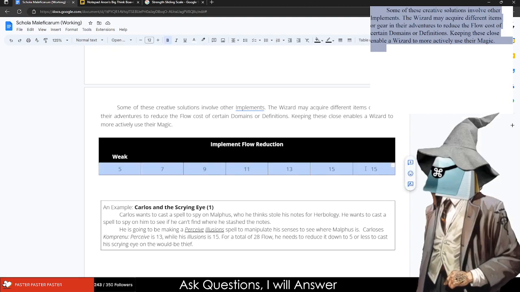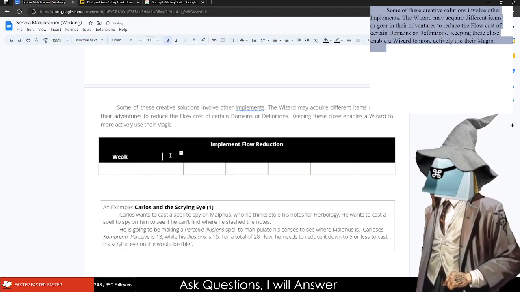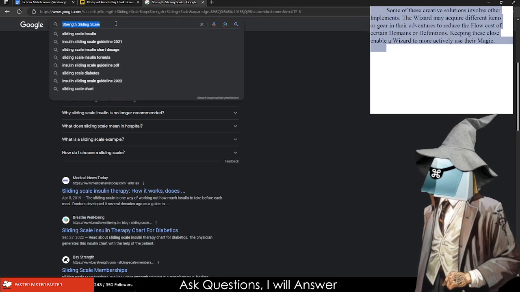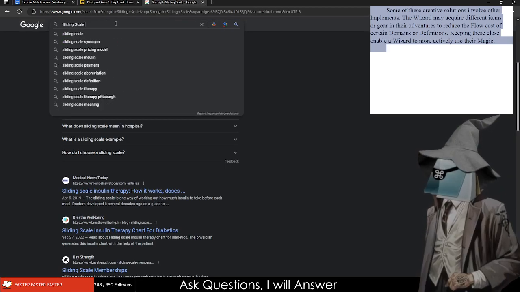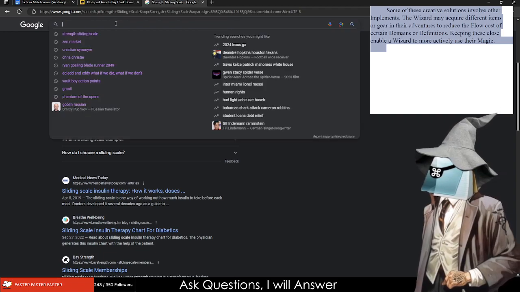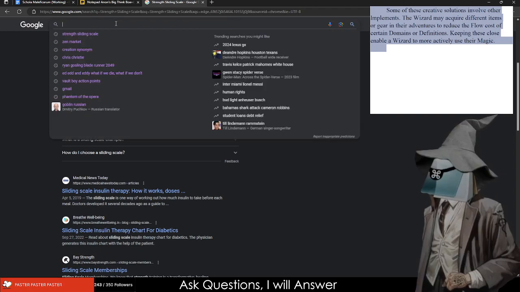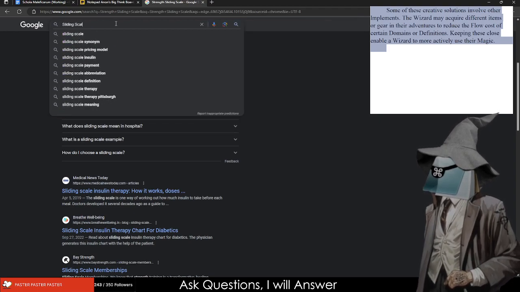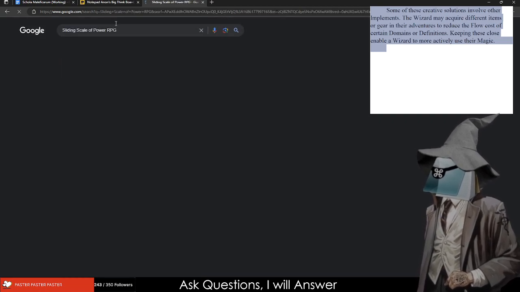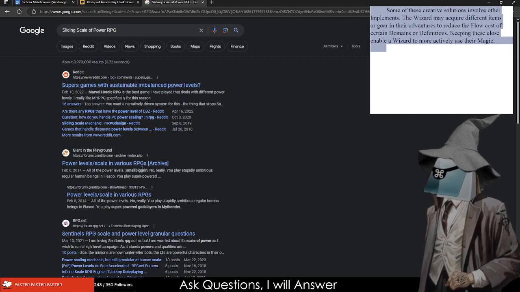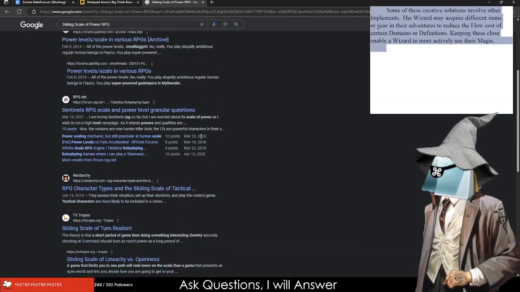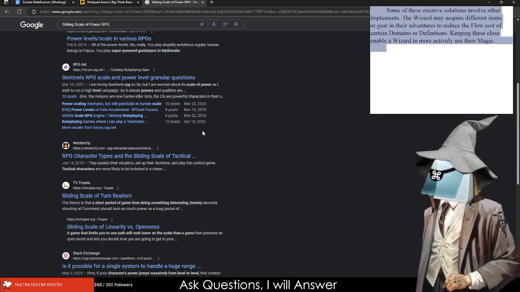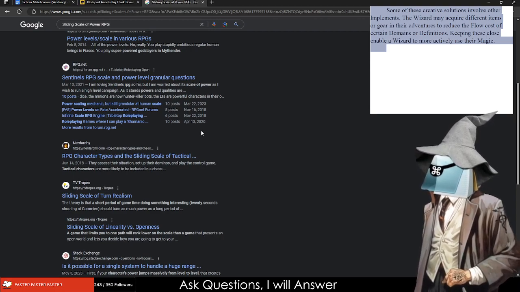And I need to write how magic implements work, and I need a sliding scale of, where do I even... I don't know how to word this.